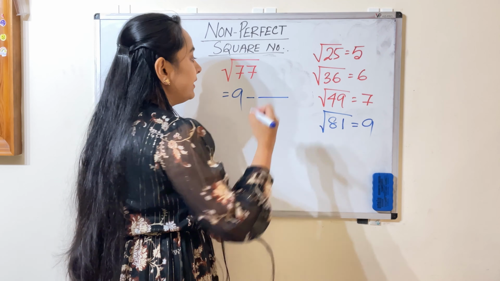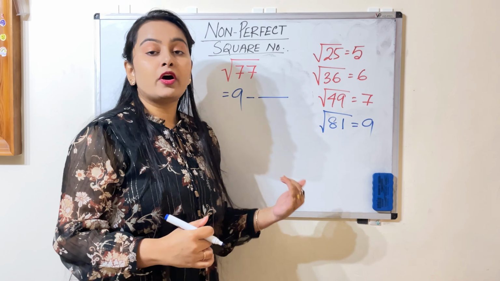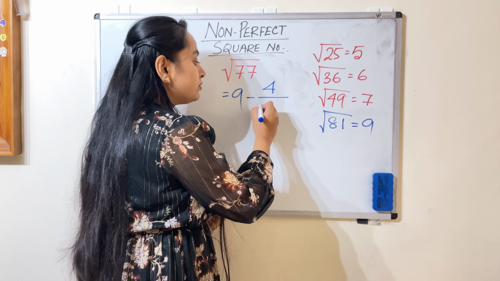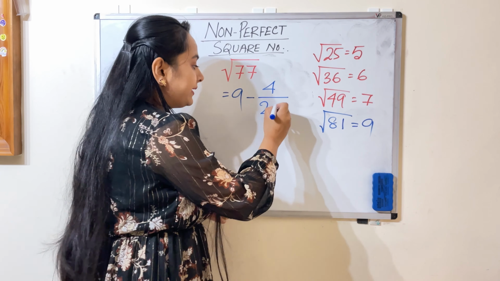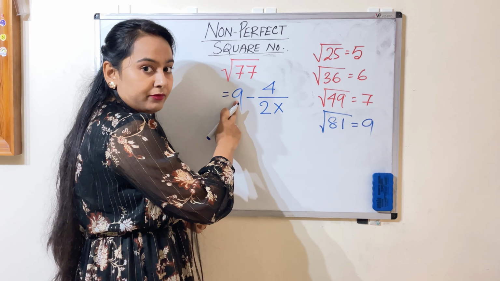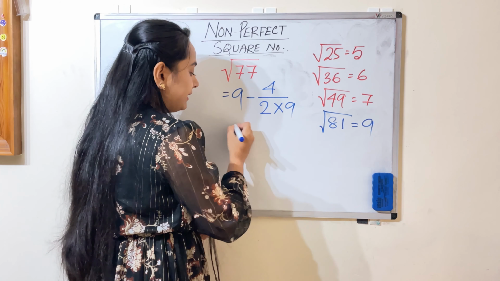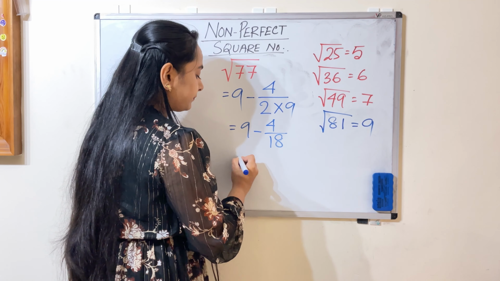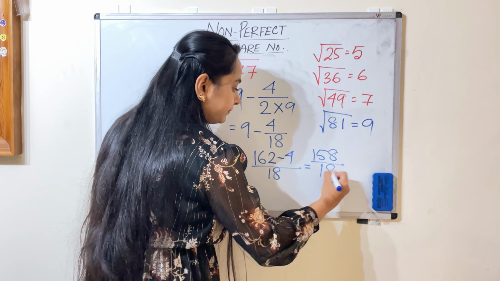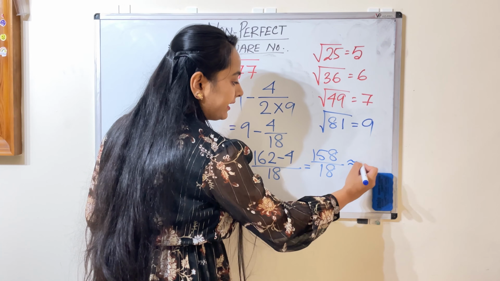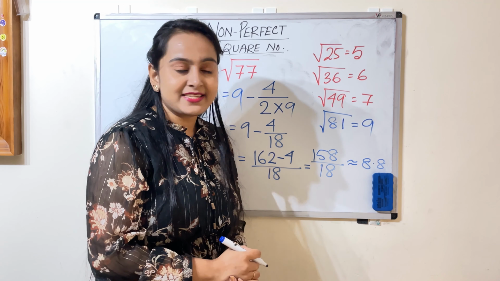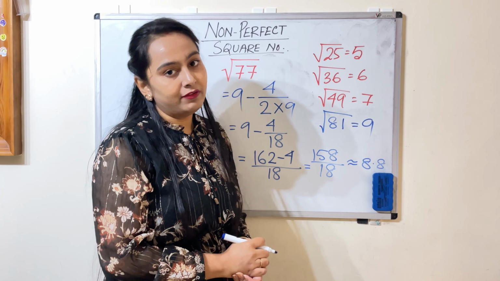Then 77 is how much smaller than 81? 4. Now 2 is the fixed one, multiplied with that number we have written here, 9. So 9 minus 4 by 18. If we calculate this, we get the approximate answer of 8.8, right? So that is our answer of under root of 77.